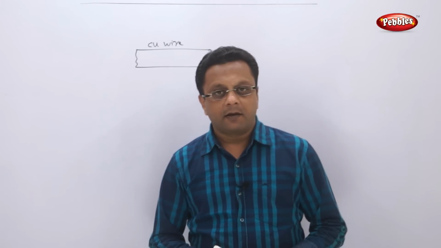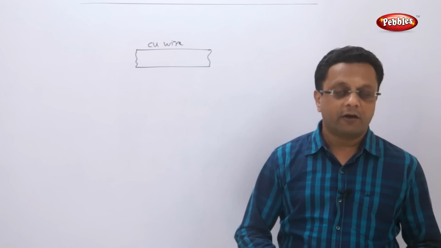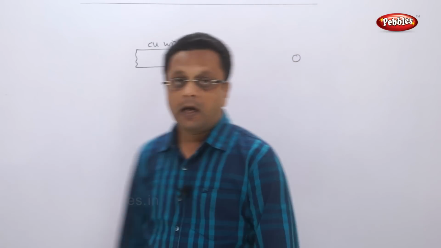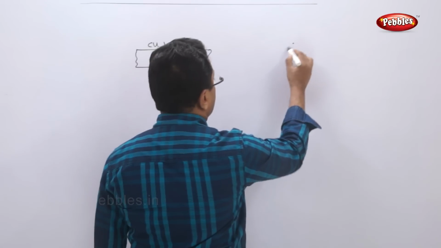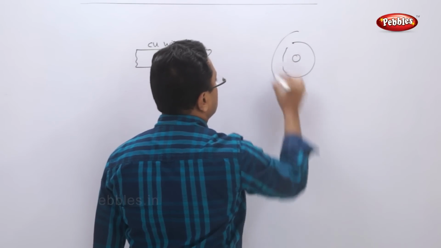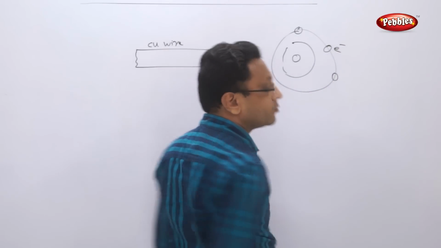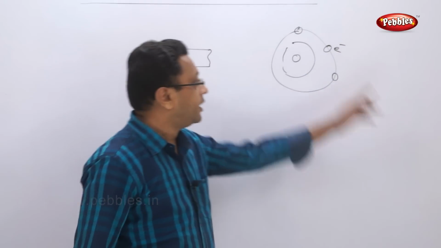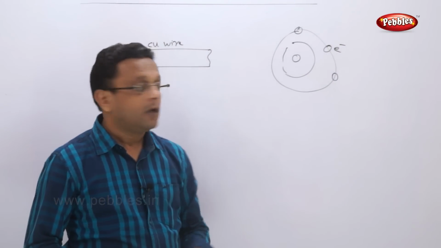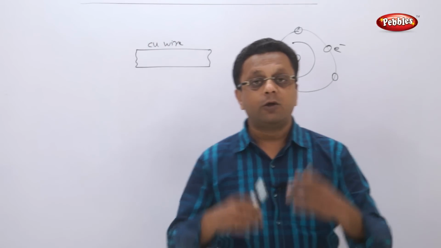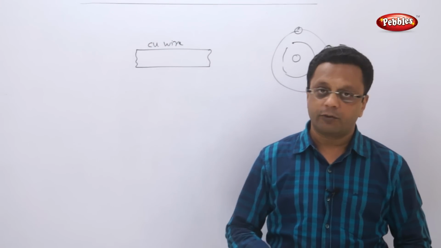Now we know that there are atoms in any kind of metal, and in an atom there is a nucleus, and around the nucleus in an orbit there are electrons. Electrons are negatively charged particles. There are some electrons which are very loosely bound with the nucleus.